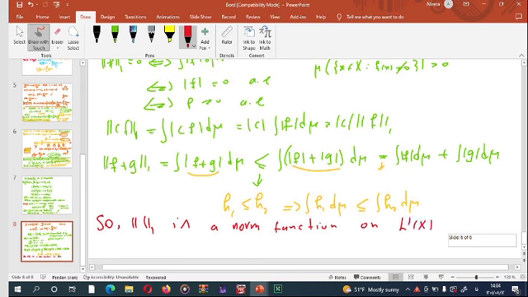Okay, and L1 with this norm is a normed space.